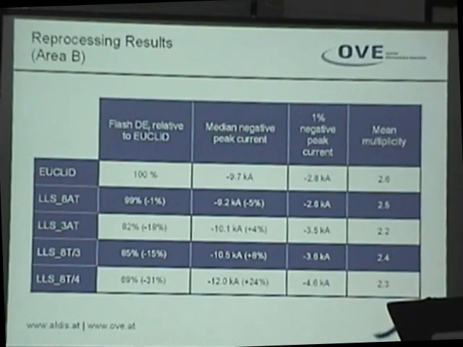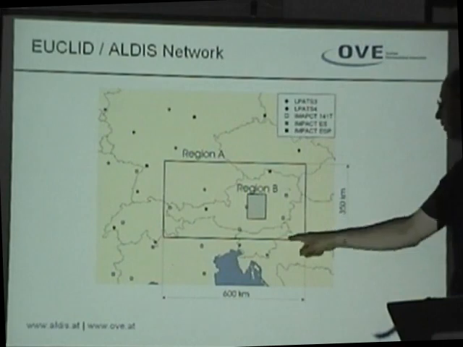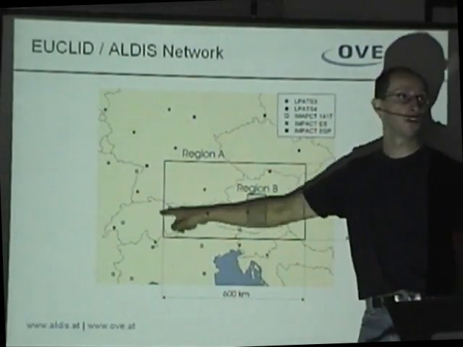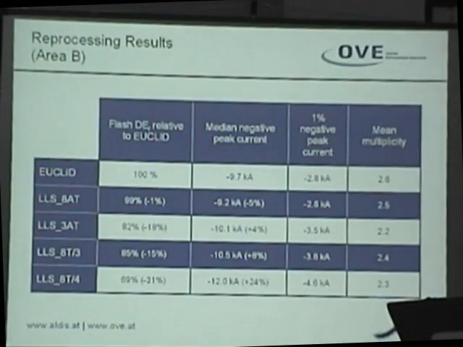Now, I compared everything in region A, also for the Euclid network. Or region B, sorry, region B. No, region B, so it's the same region. So the network should see the same flashes.